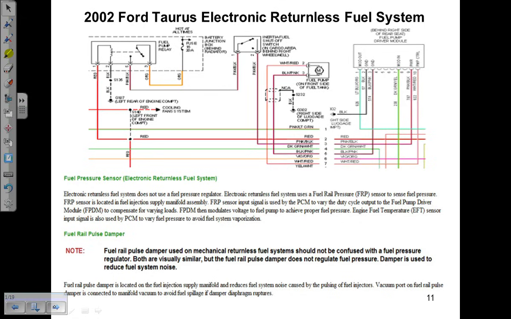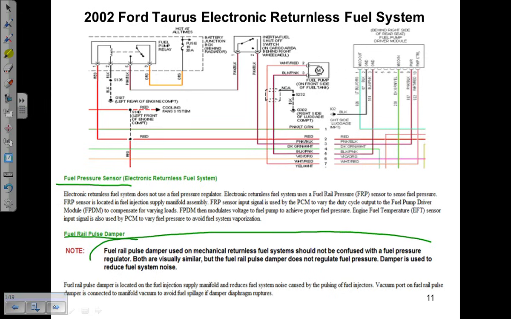And then our electronic returnless systems, which were crazy, they added a fuel pressure sensor to the fuel rail on these designs because there's no fuel pressure regulator. So it was important that the engine computer was able to monitor pressure. I mentioned to you guys about this pulse dampener looking like a pressure regulator.